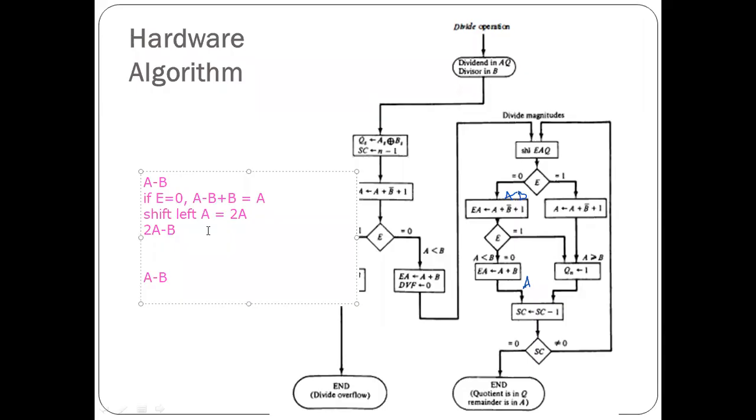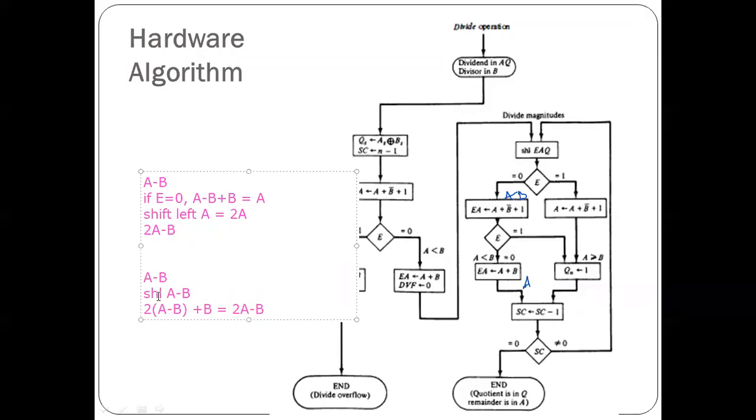Without any restoring, they will shift left this, so shift left A minus B. Shifting left of any value is nothing but 2 times, so 2 into A minus B. After that, they will add B, so that gives you the same answer, 2A minus B. The final result is the same in both cases.